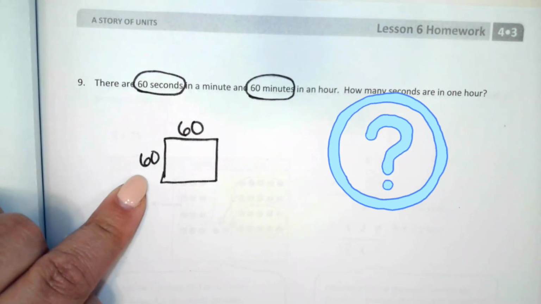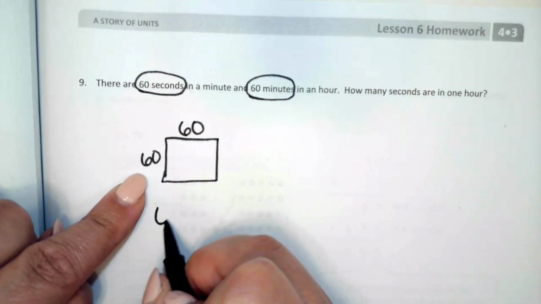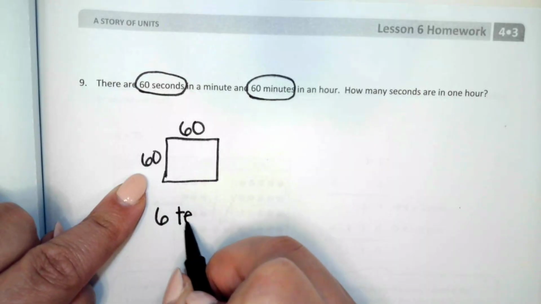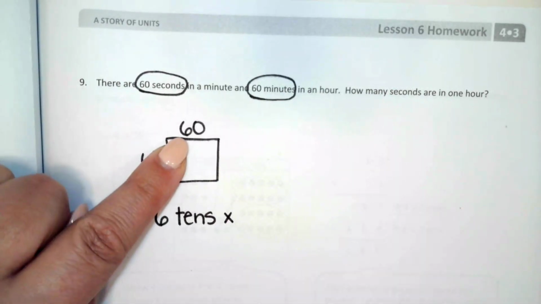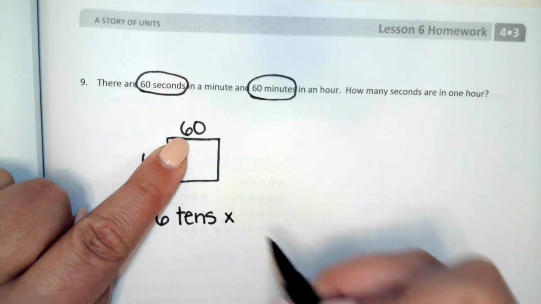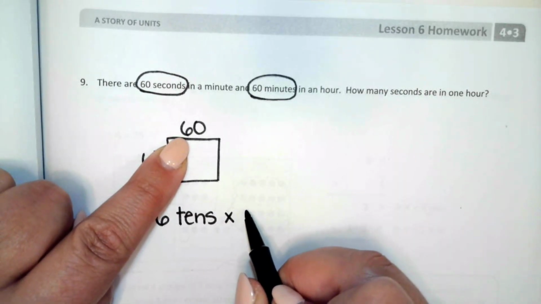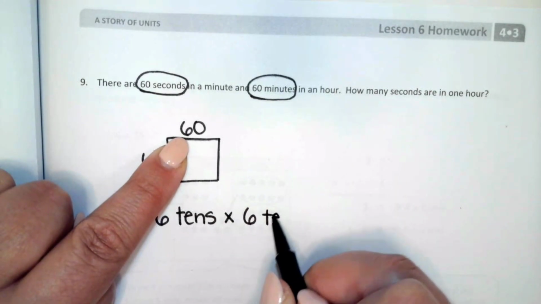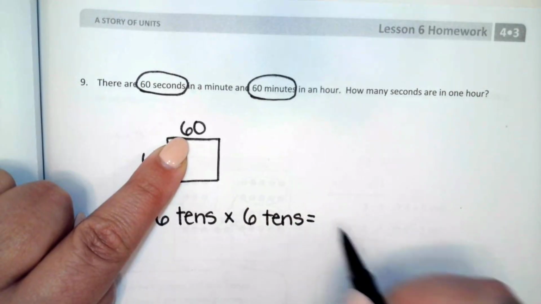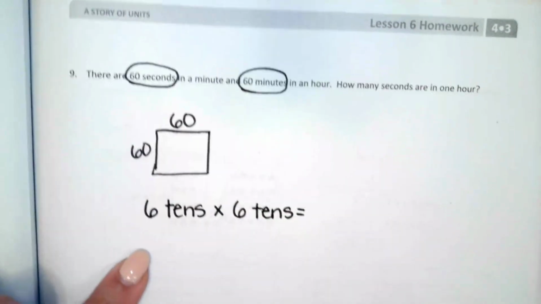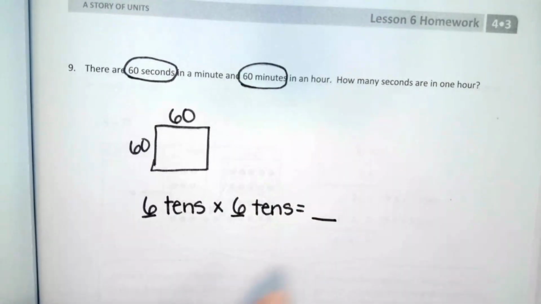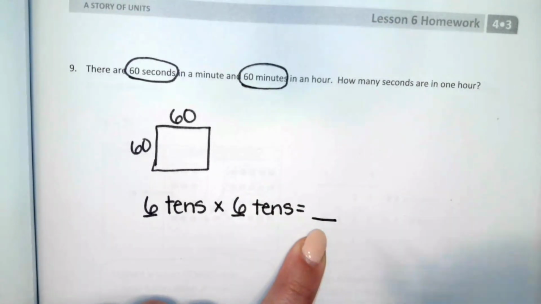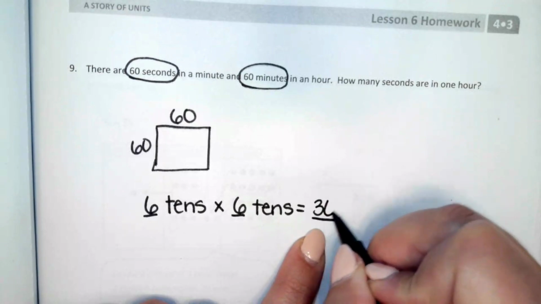How do we do 60 times 60? Let's write this in unit form. 60 is 6 tens times, now let's write this one in unit form. What is 60 in unit form? 6 tens. Now we need to write what it equals. Start with 6 times 6 equals 36.